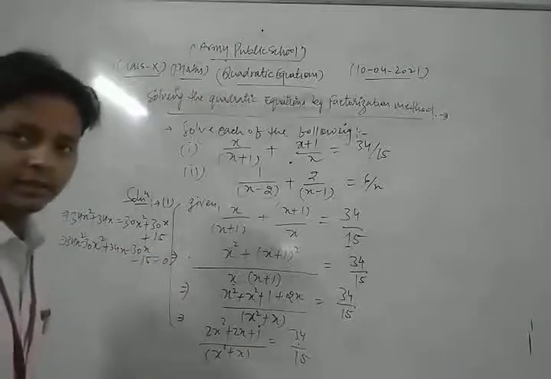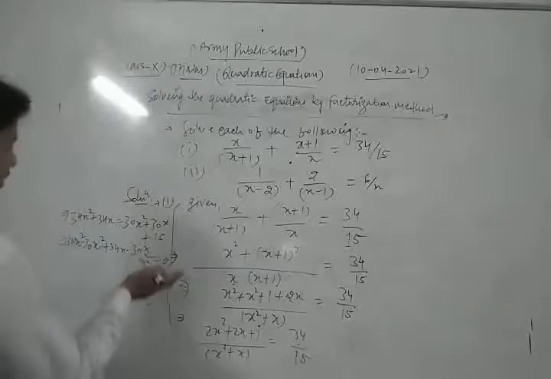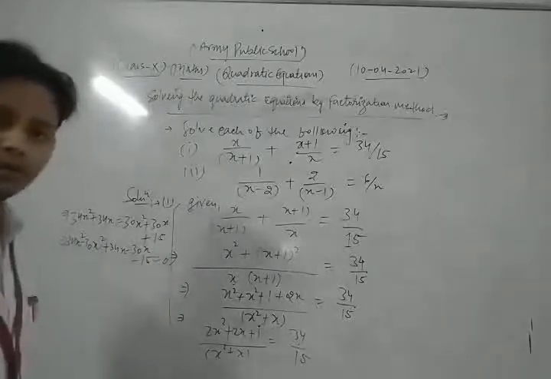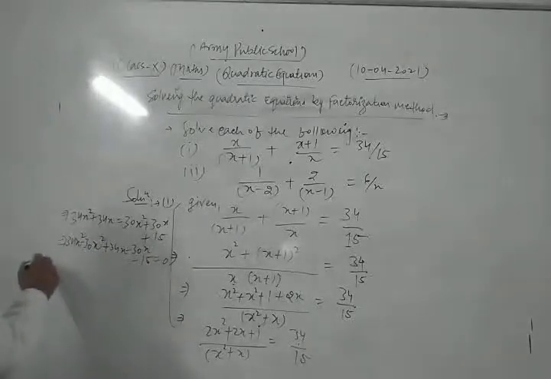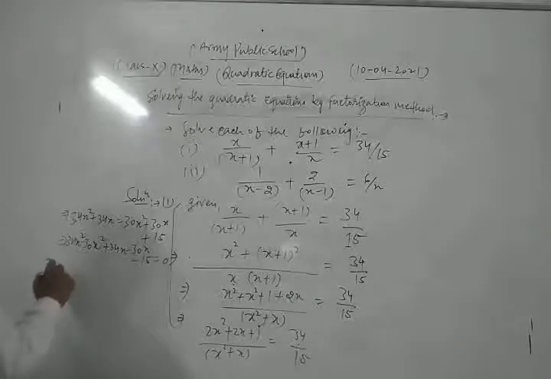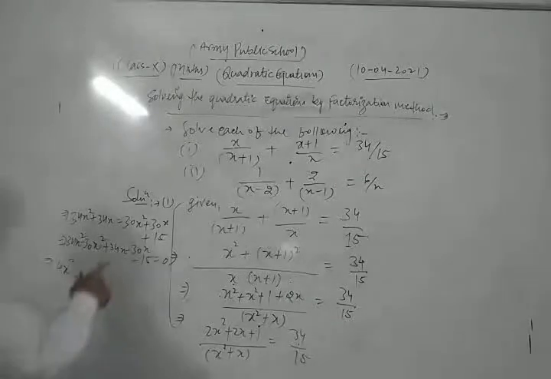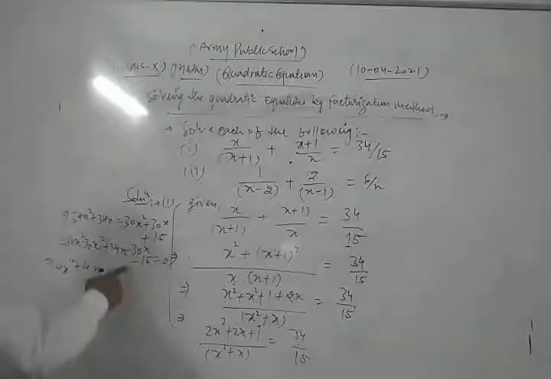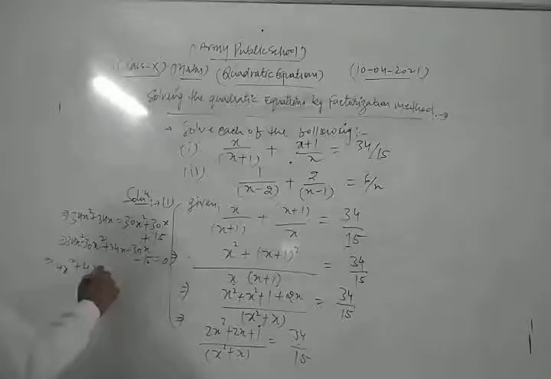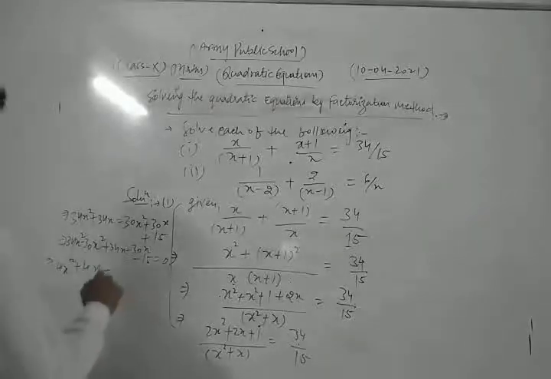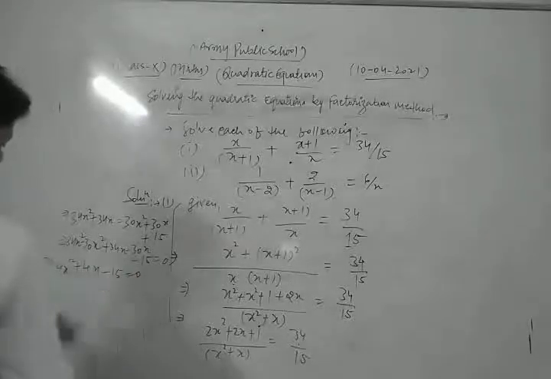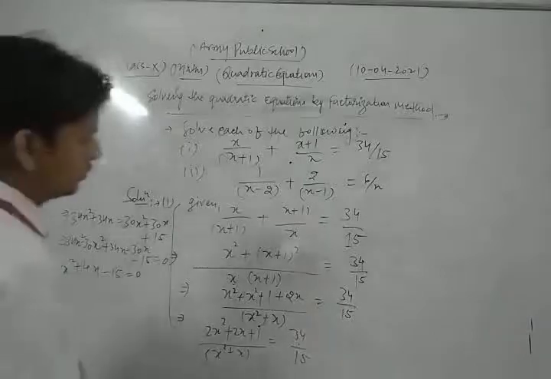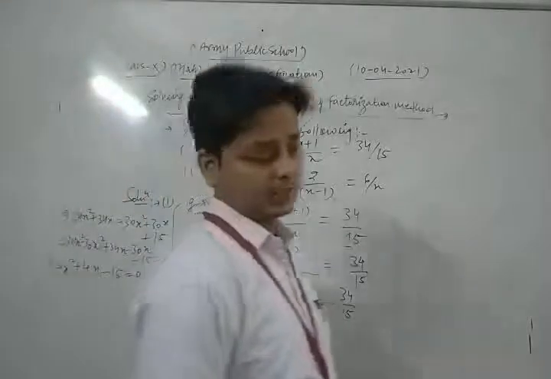We transfer all the values of the right side of the equation to the left side and take it equal to 0. Now this is 4x square plus 4x, and minus 15 remains as it is.